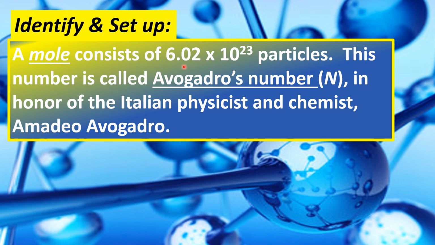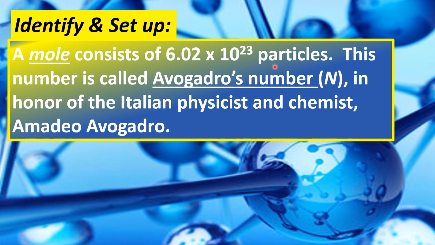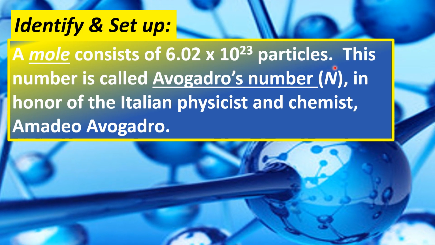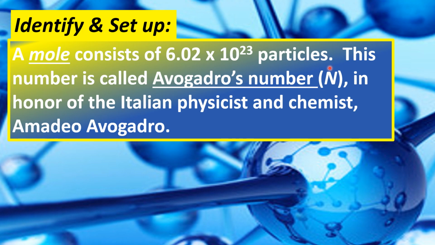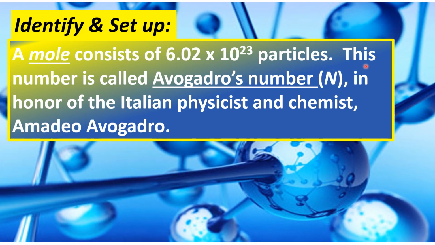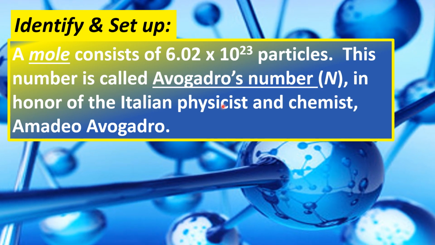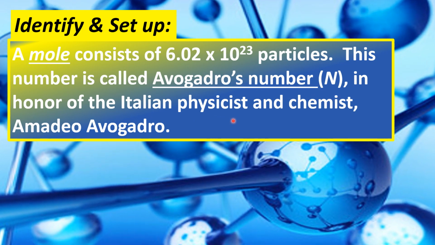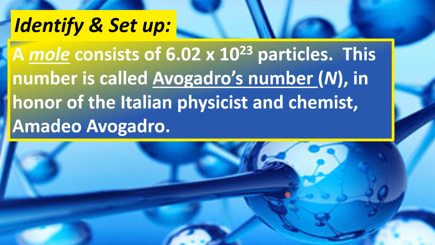A mole consists of 6.02 raised to the 23rd power particles. Particles means the number of atoms, molecules, or ions. And this number is called Avogadro's number, denoted by capital N, in honor of the Italian physicist and chemist Amadeo Avogadro.